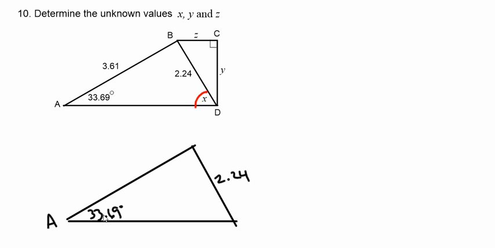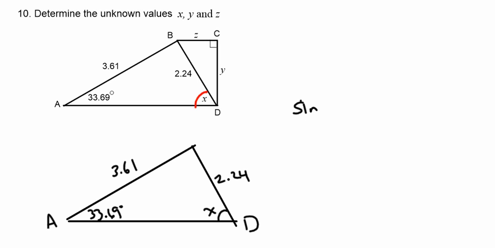And that's good because I know an angle and its opposite side, I get to use the sine law. I also know that this side over here, which would be side little d, is 3.61, and the angle I'm looking for, which is x, is opposite it, which means I can use the sine law to solve for x without doing any other math in between.